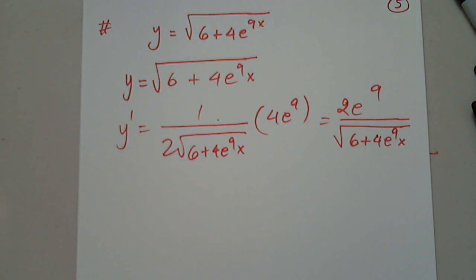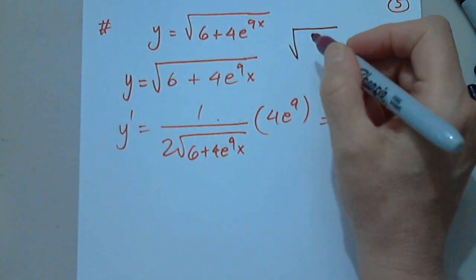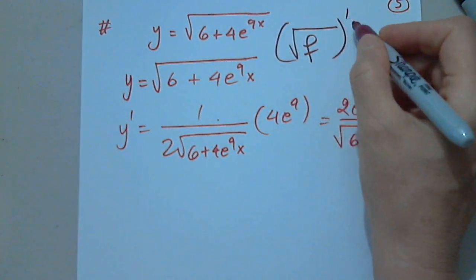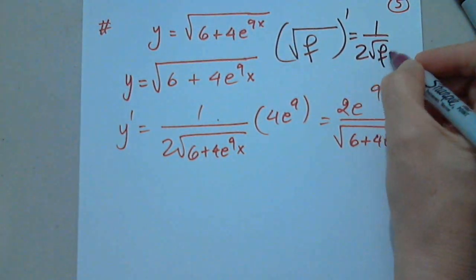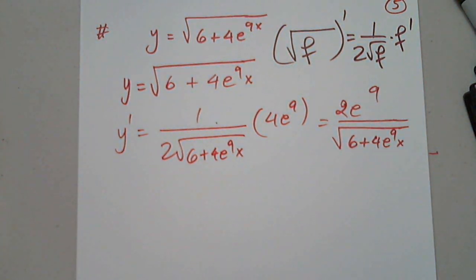Is that okay? Why are you multiplying by the 4e to the 9? Because we have the rule: the derivative of the square root of a function is 1 over 2 the square root of the function times the function prime.